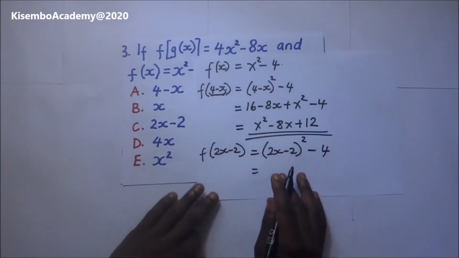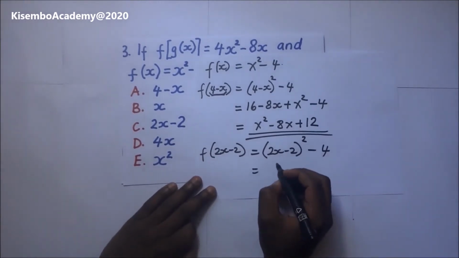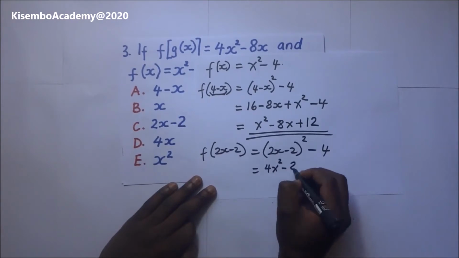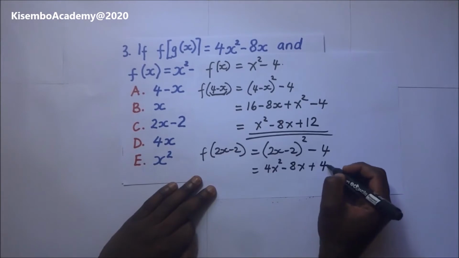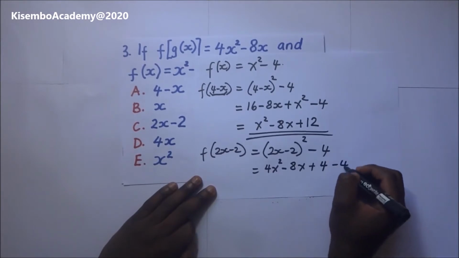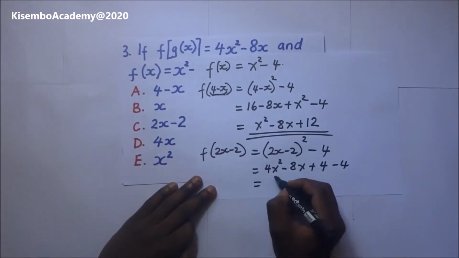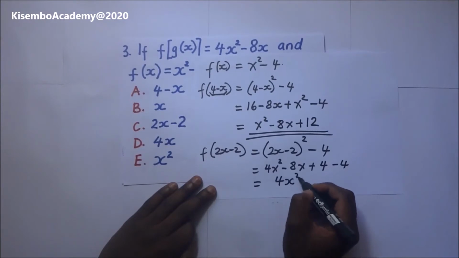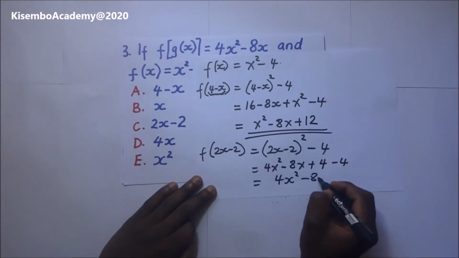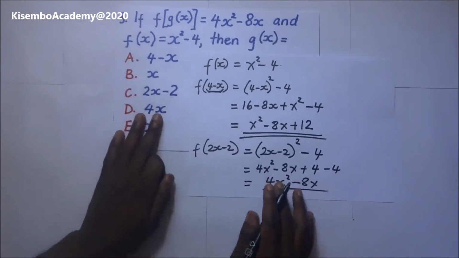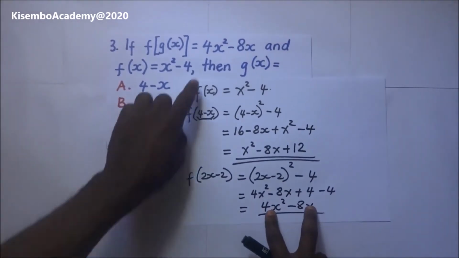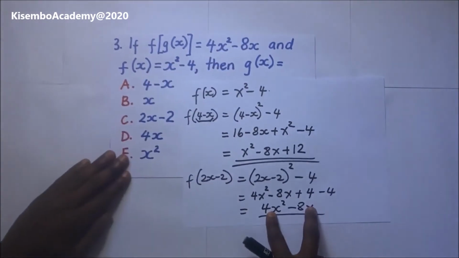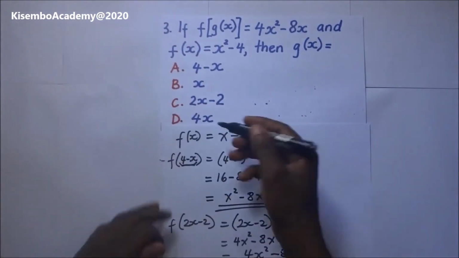Expanding this gives us 4x squared minus 8x plus 4 minus 4, which becomes 4x squared minus 8x. This is consistent with the expression we were given. So the answer here is C.